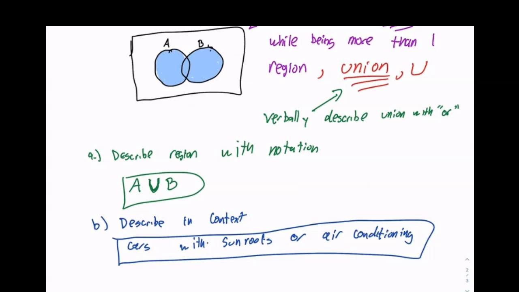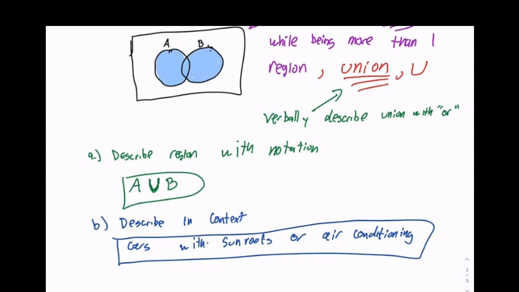And if we talk about this one, it has three regions. The regions of these cars are cars with just sunroofs and no air conditioning, cars with just air conditioning and no sunroofs, as well as the cars with sunroofs and air conditioning. If you wanted to describe each of those three regions, I guess you could do that, but it doesn't make very much sense.